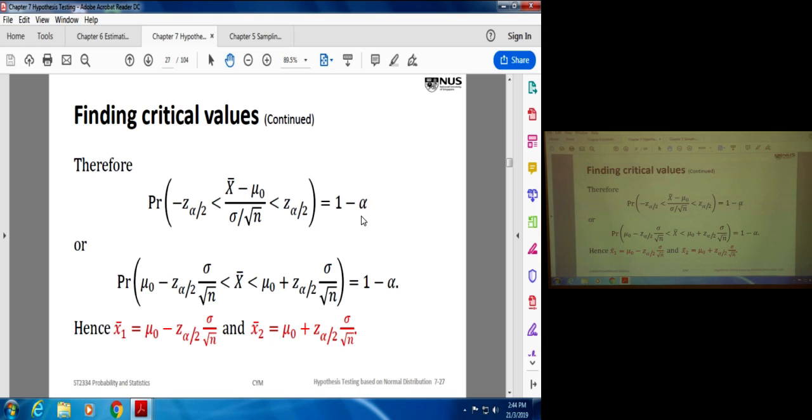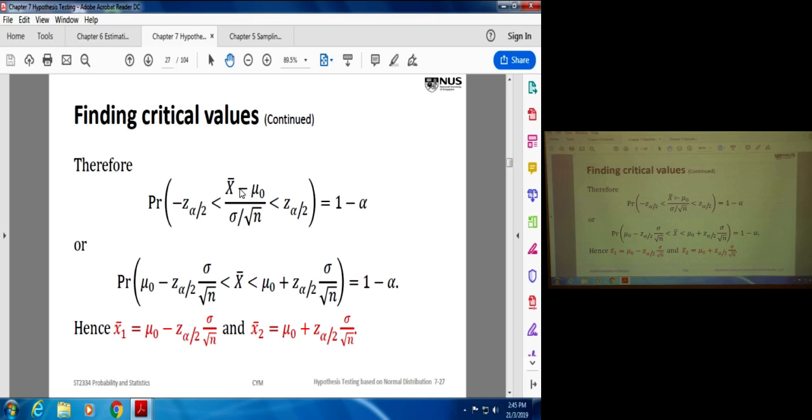Now remember, when we were constructing confidence intervals, we would rearrange this equation for mu, and so the probability that mu lies in this region is equal to 1 minus alpha. But here we actually have a different pivot because we're now making statements about values of x bar, for which if we're bigger than x1 bar we reject, and if we're less than x2 bar we reject.